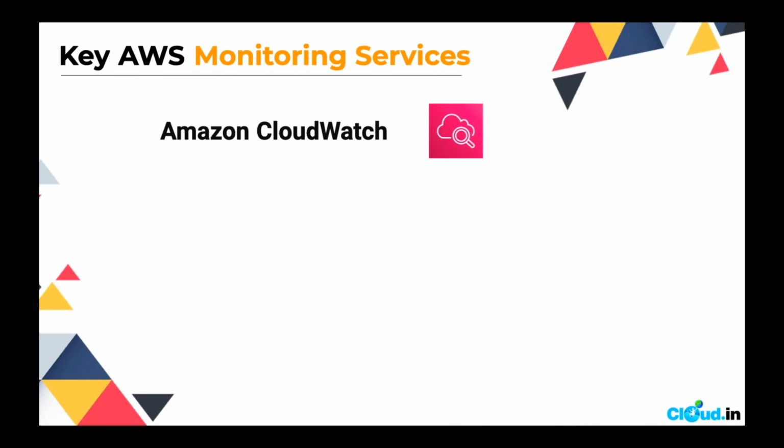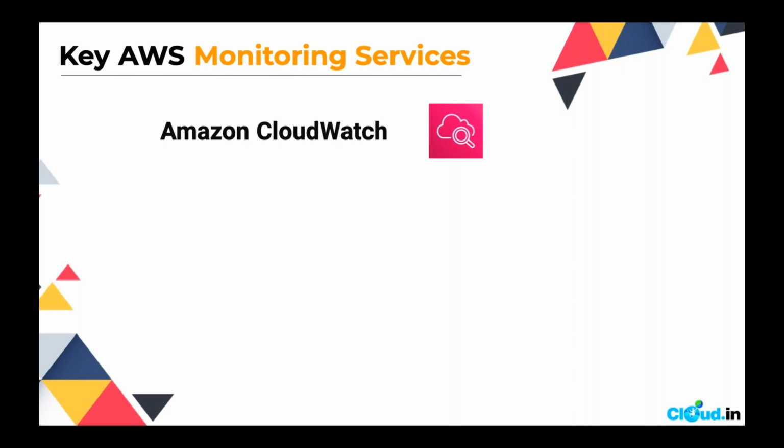It also enables you to create customizable dashboards, set up alarms, and gain insights from your resource performance and operational health as well. By using Amazon CloudWatch, you can see your CPU utilization and check your network in or out traffic.